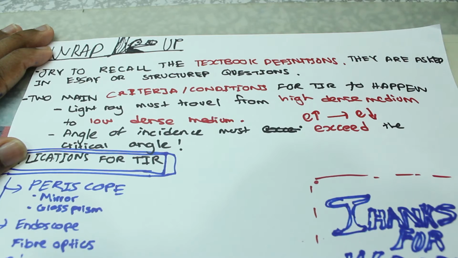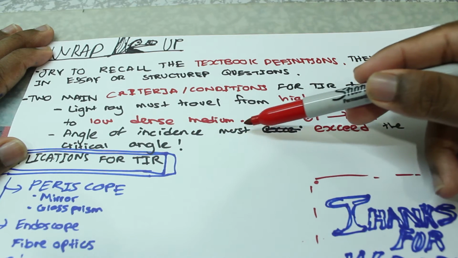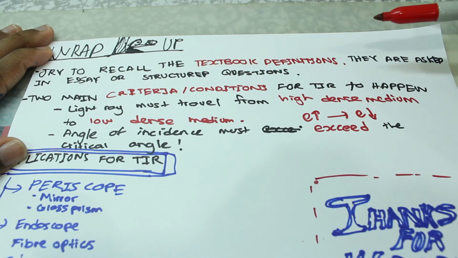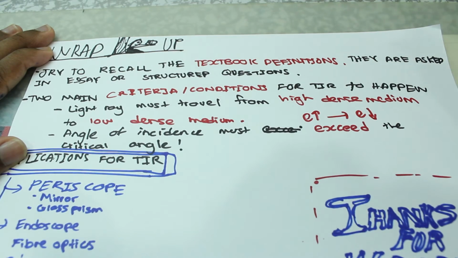So the next condition is the angle of incidence must exceed the critical angle. If it's not exceeding the critical angle, refraction will still happen. So only when it exceeds the critical angle will total internal reflection occur.